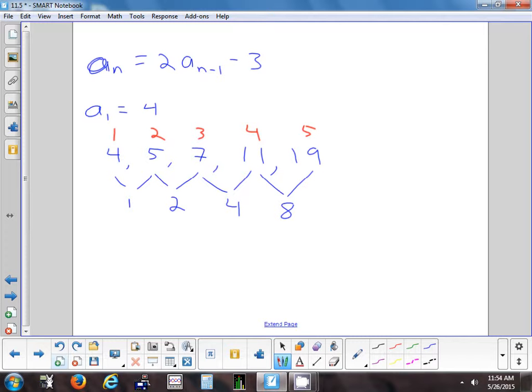Does anybody see what you do to the number in red to get the number below it in blue? If not, what I'll do is I'll take the 2 away from the a sub n minus 1, and that'll make the pattern a lot easier. I'll get rid of the 2. It's not going to be easy to come up with, I don't think.